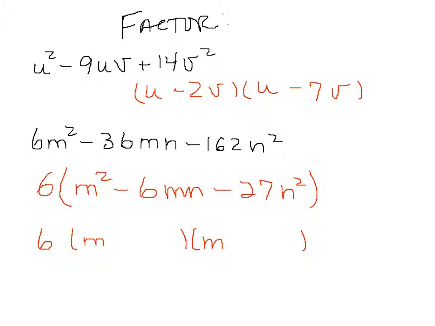This is a minus, so that means one is going to be a plus and one is going to be a minus. I want two numbers that multiply to give me 27 and whose difference is minus 6. Once again, press pause and see if you can figure that one out. It's going to be plus 3n minus 9n, right? This gives you minus 27n squared. Here we have minus 9mn plus 3mn. Minus 9 plus 3 gives me that minus 6.